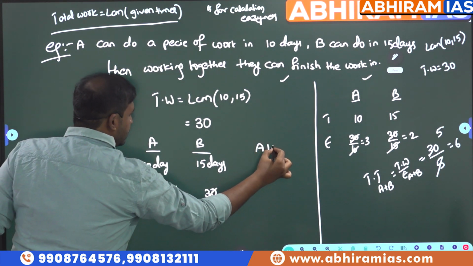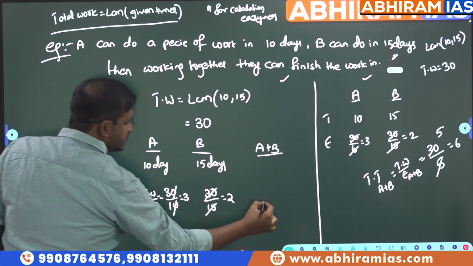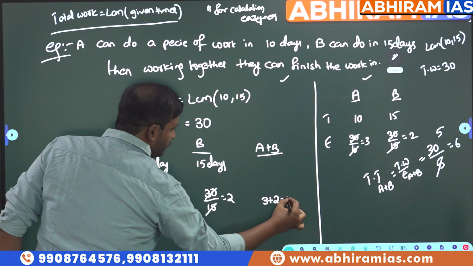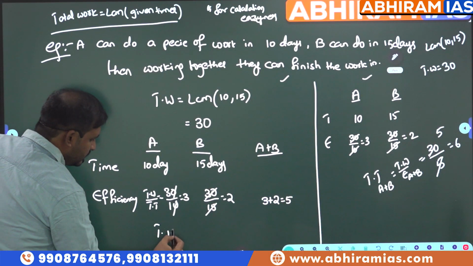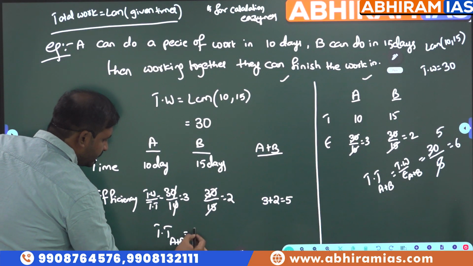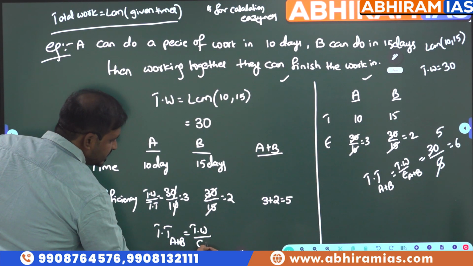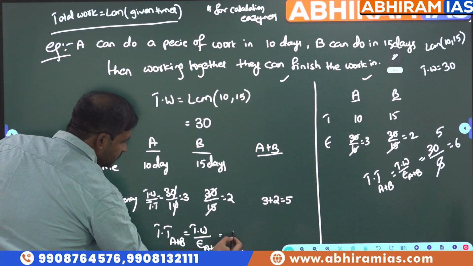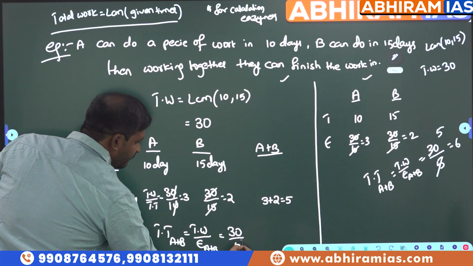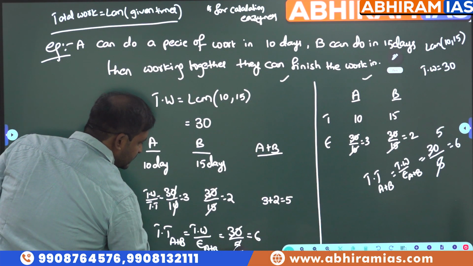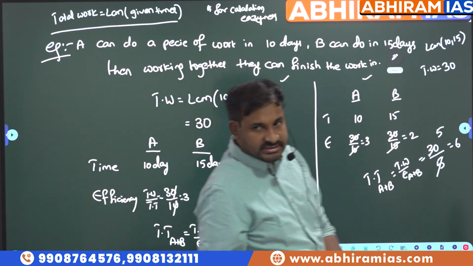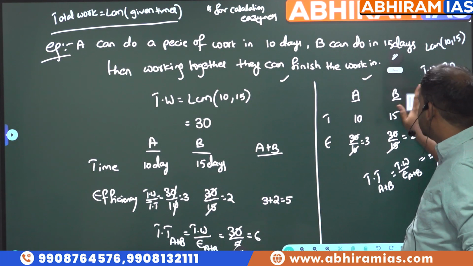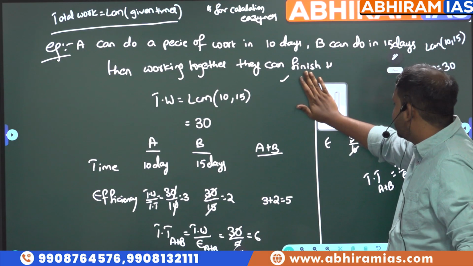Now A and B combined take 3 plus 2, that is equal to 5. So time taken by A and B is total work by efficiency of A and B. So 30 by 5, this will become 6. Write it clearly, students, as this is your first example. Later on, we will write the things directly.